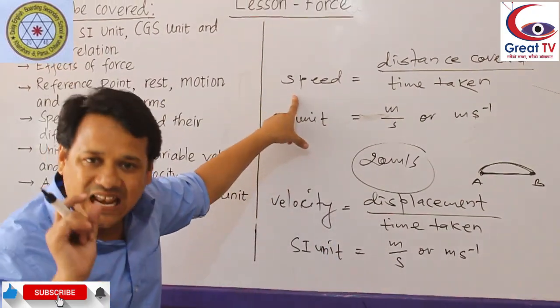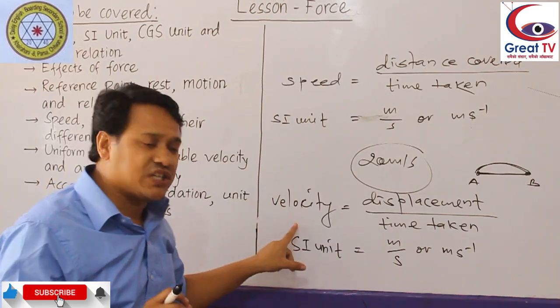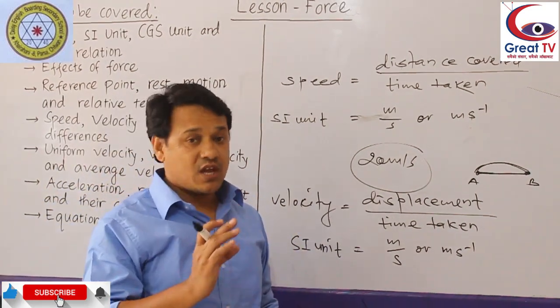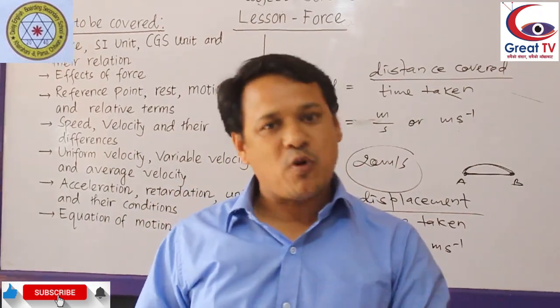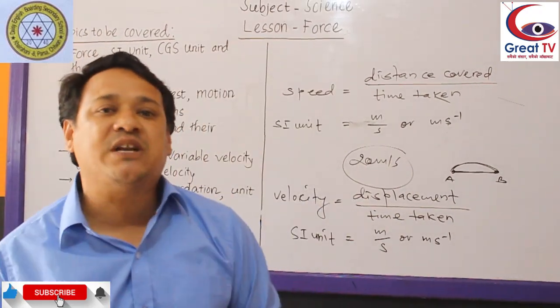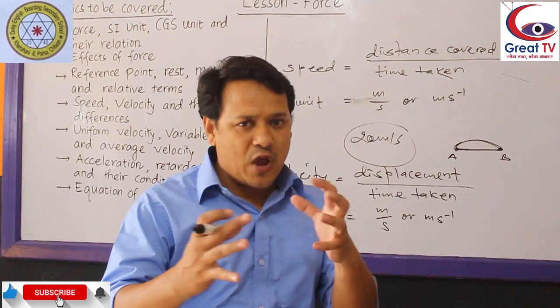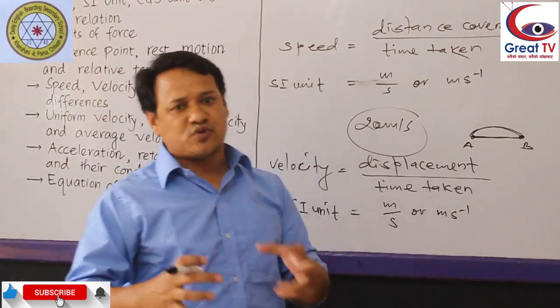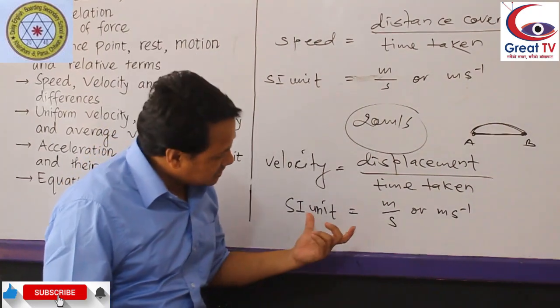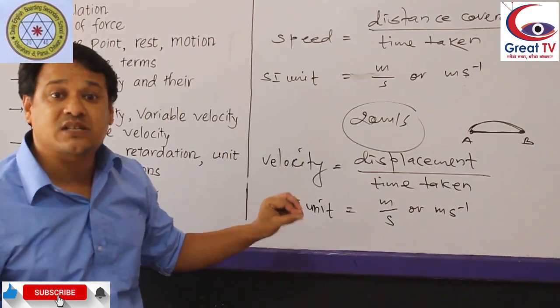Speed is a scalar quantity, velocity is a vector quantity. Vector means such type of quantities which need both magnitude and direction for complete description. If you have to describe a vector quantity, you have to discuss its magnitude as well as direction.